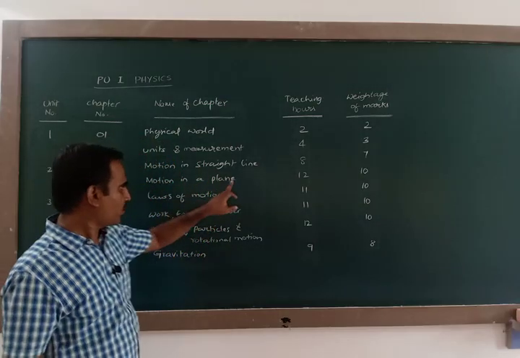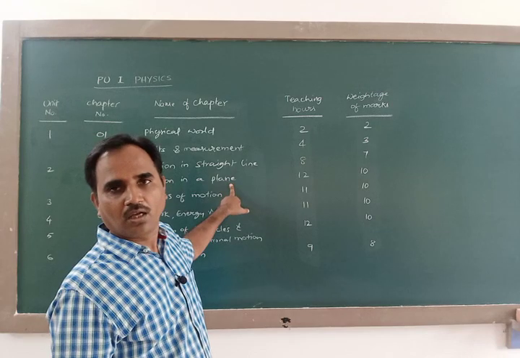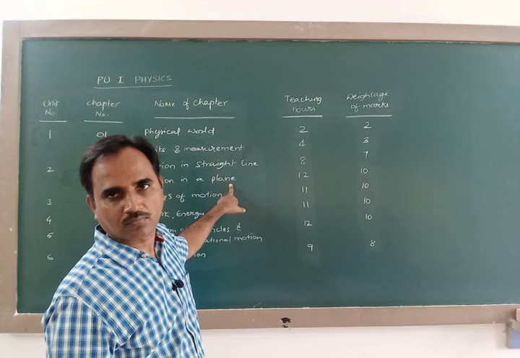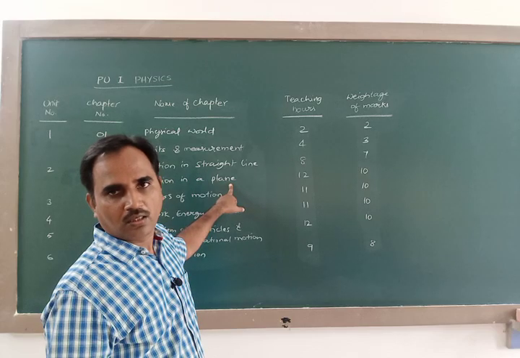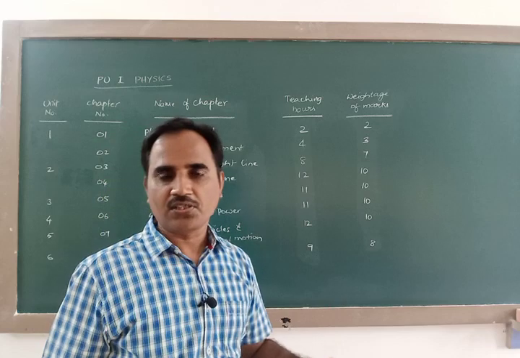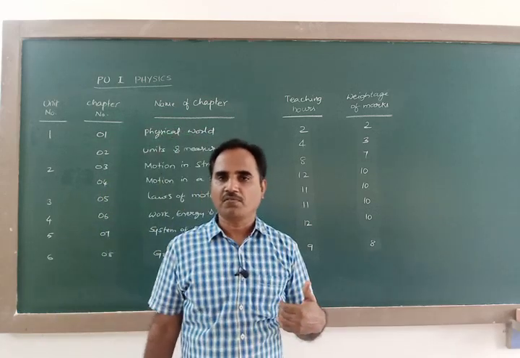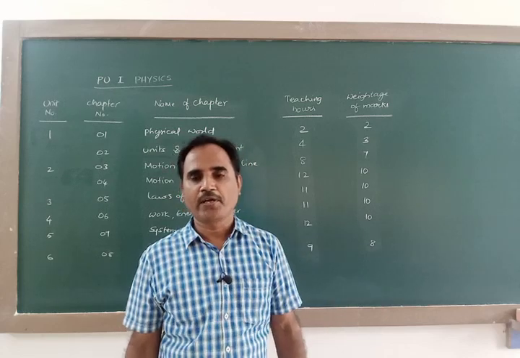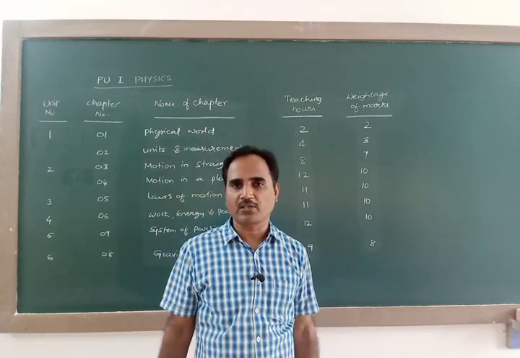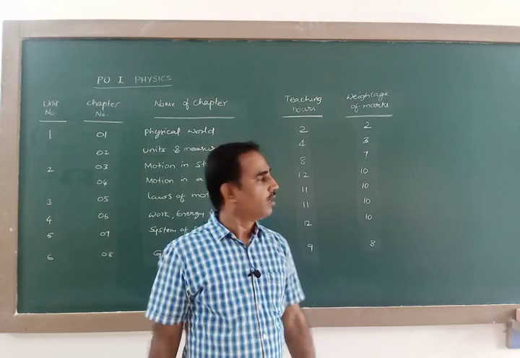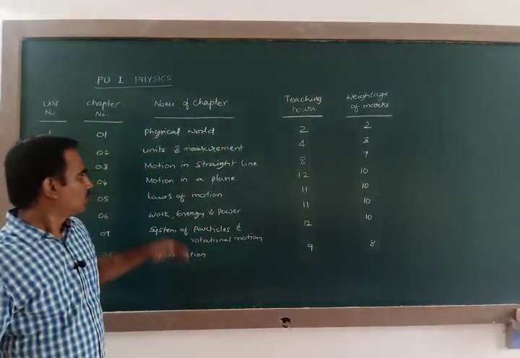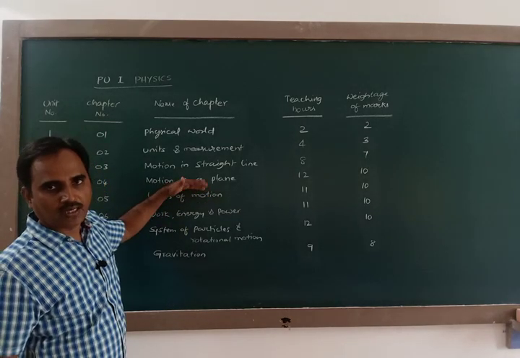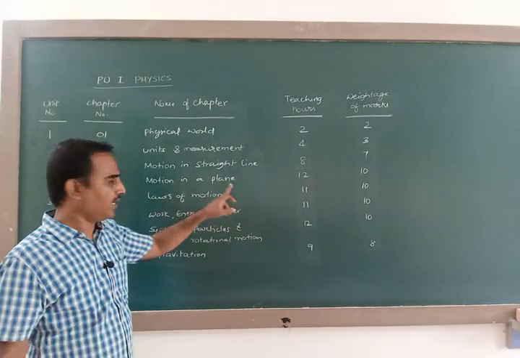In the study of this motion in a plane, we need to have knowledge of vectors. This study of vectors comes in PUC 1 physics as well as PUC 2 mathematics. You are going to study about these vectors in physics as well as mathematics both. So here first you are going to learn the basics of vectors and then apply it to study the motion in a plane.